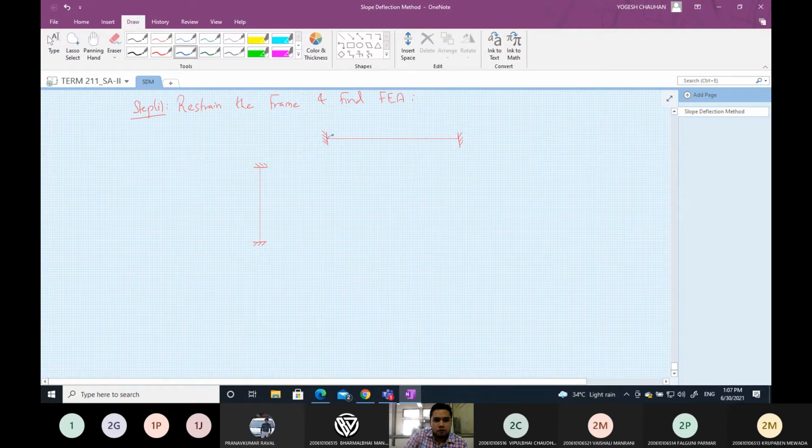This frame is loaded with 40 kN per meter UDL. Six meter, and the inertia is 2I here.